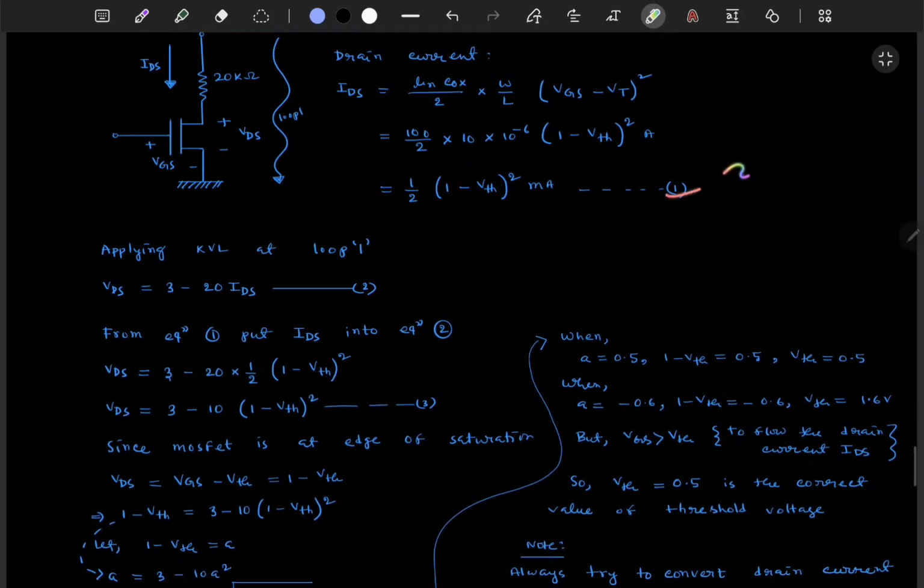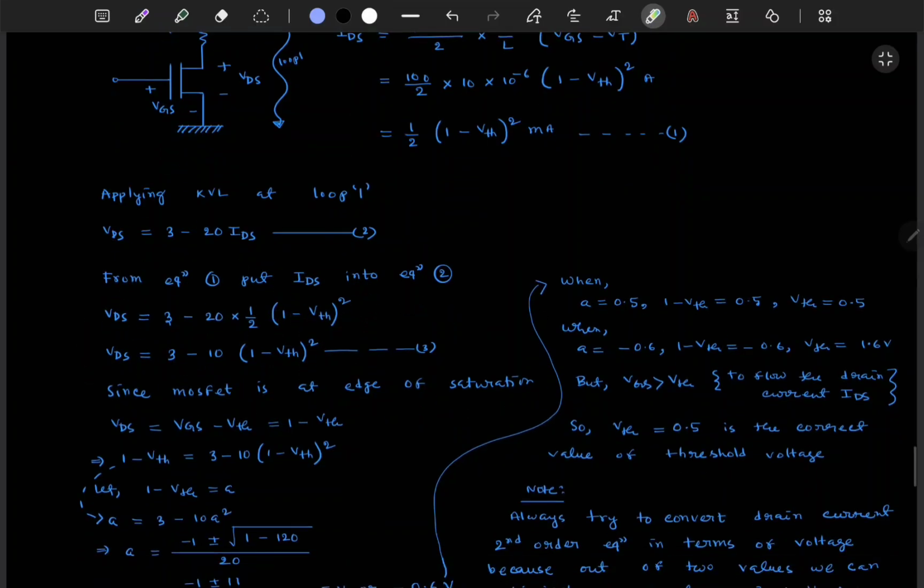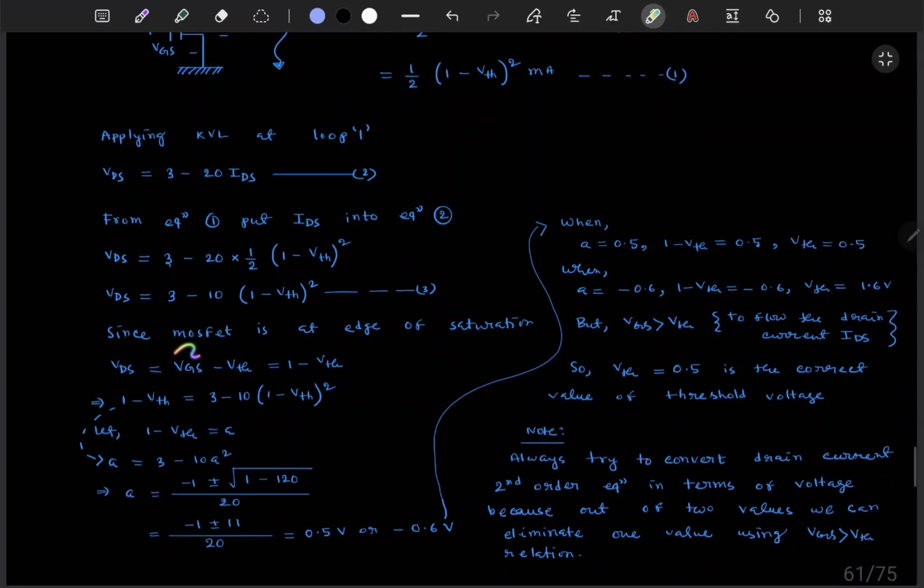Now from these two equations 1 and 2, we put the IDS value here, so VDS will be 3 minus 20 into half into 1 minus VTH square. To simplify, VDS also equals VGS minus VTH, that is 1 minus VTH, because VGS is already given as 1 in the question.